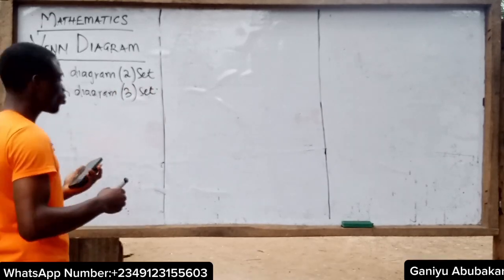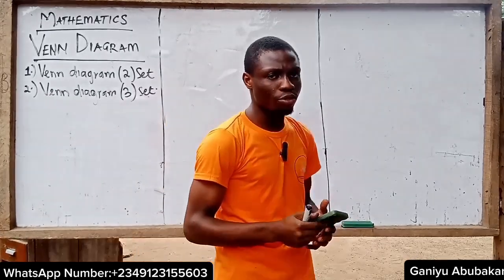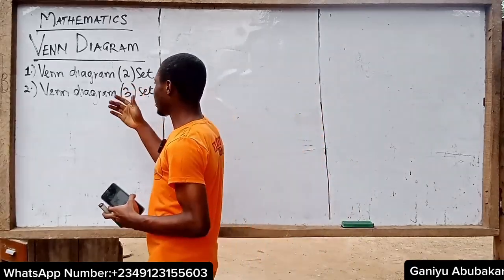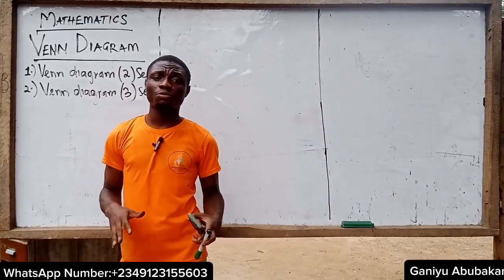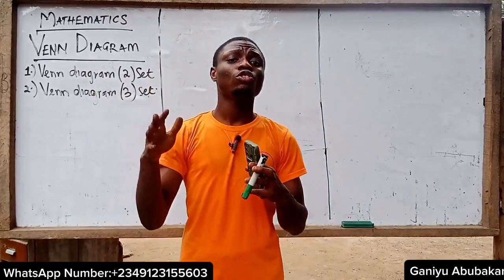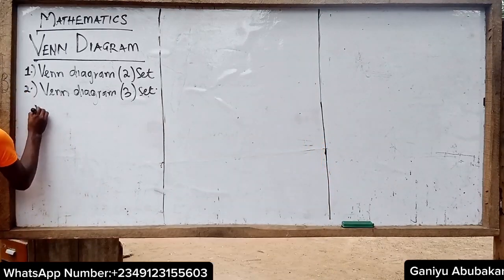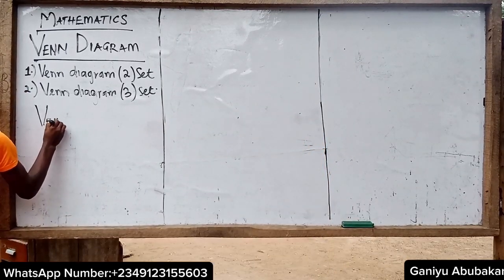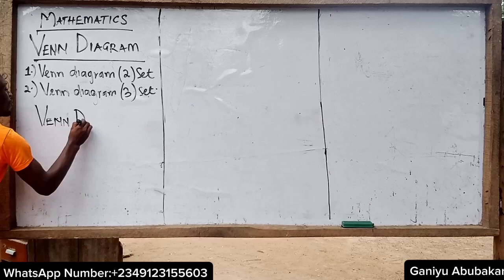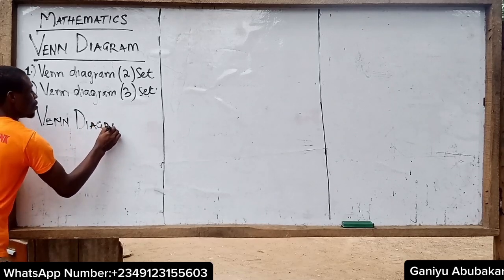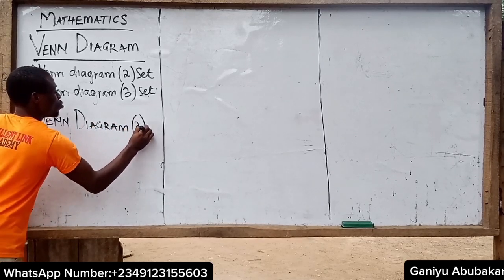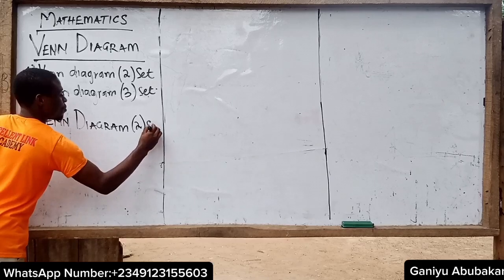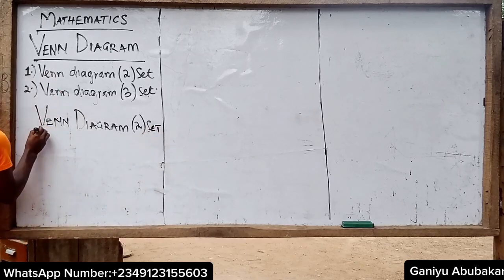So there are two key terms there: Venn diagram for two sets and Venn diagram for three sets. Let's start with the Venn diagram for two sets.